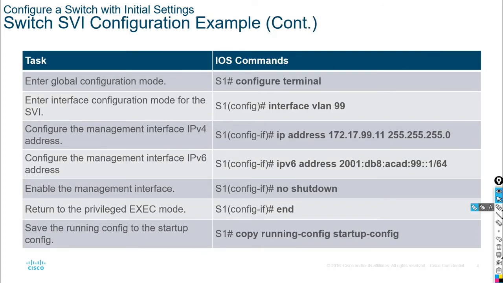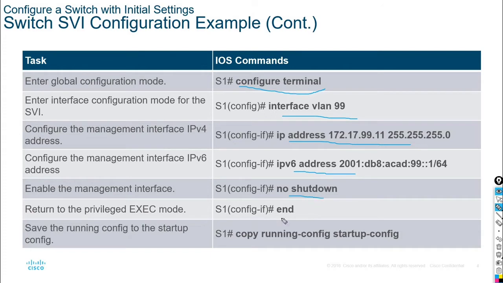First you want to enter into global configuration mode using the command configure terminal, and we give interface VLAN 99 and the IPv4 address followed by the subnet mask, and similarly for IPv6, and no shutdown to enable the management interface here.